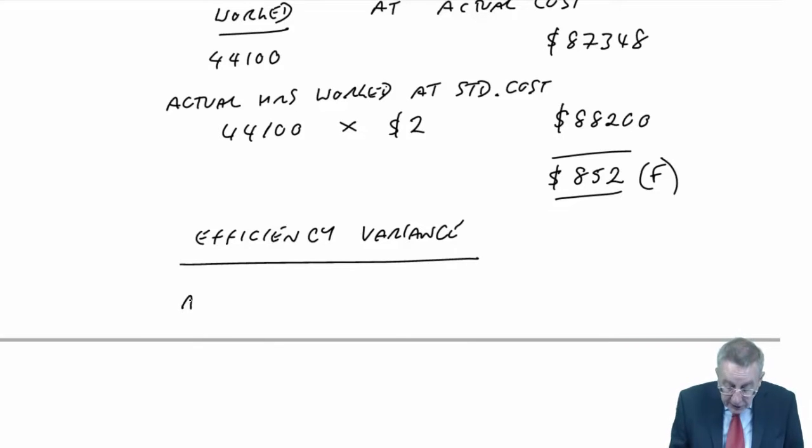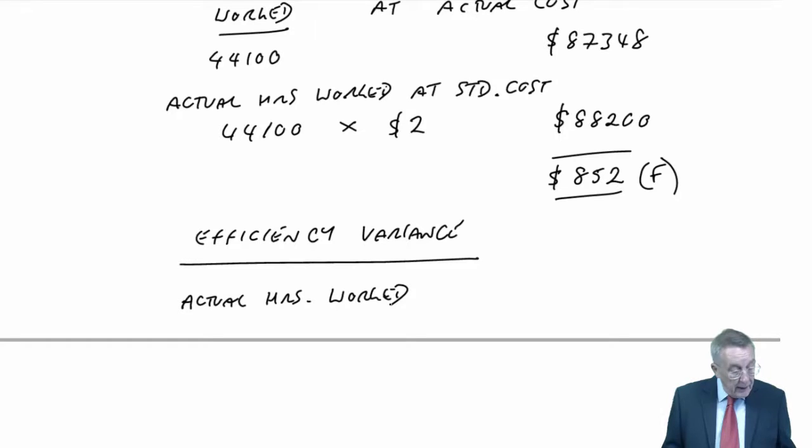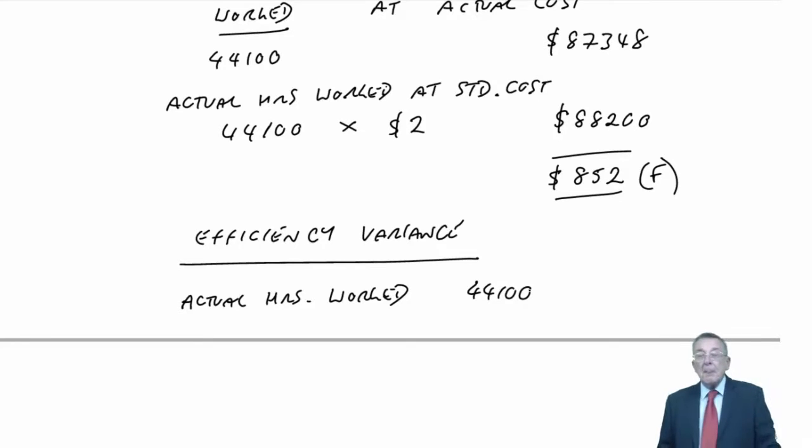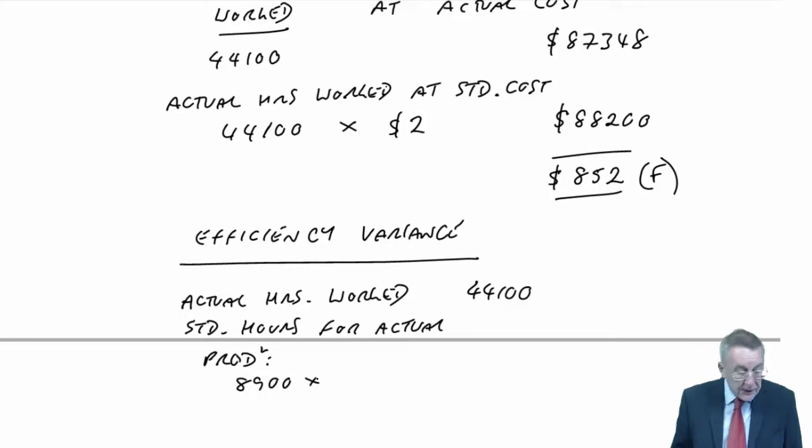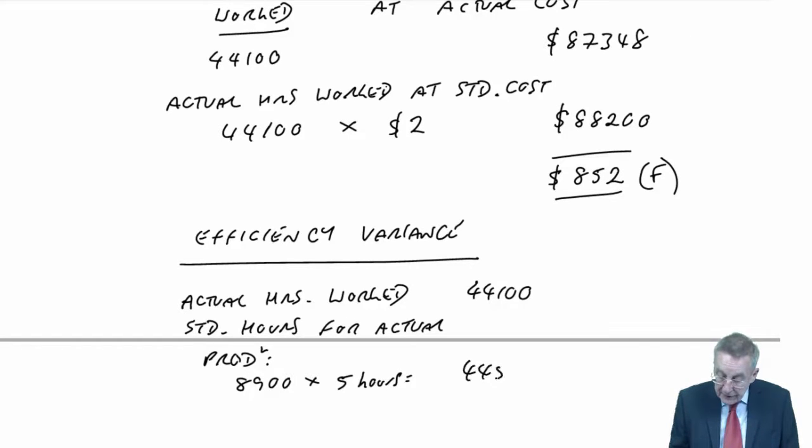So we take the actual hours worked, remember, it's related to labour, so it's 44,100. We compare it with how many hours this should have worked, so the standard hours for the actual production. 8,900 units produced. It should have been 5 hours a unit, which is 44,500.